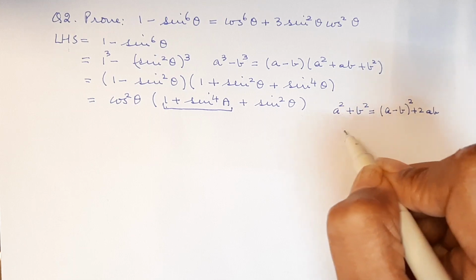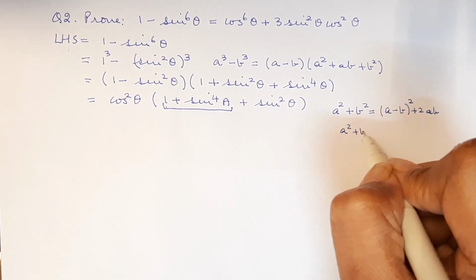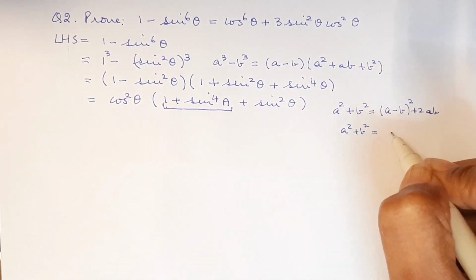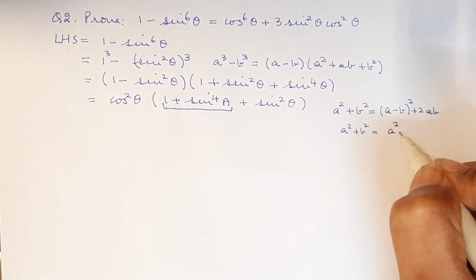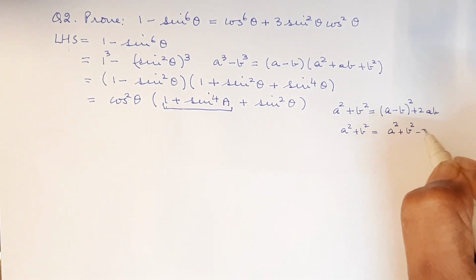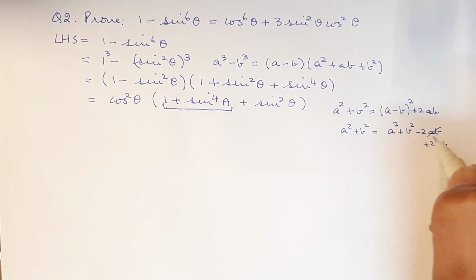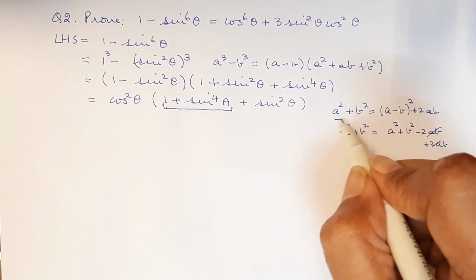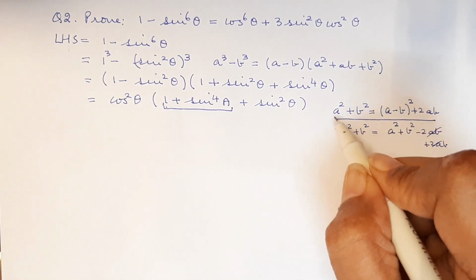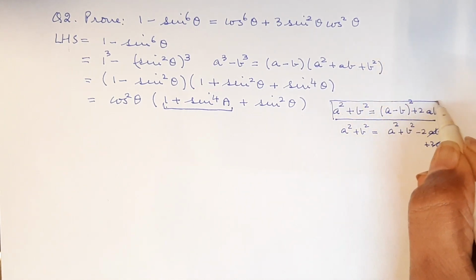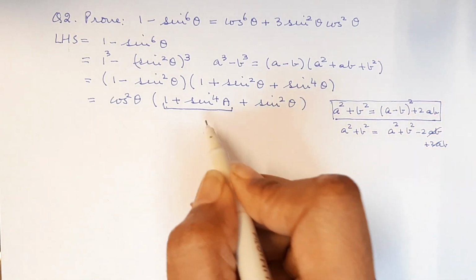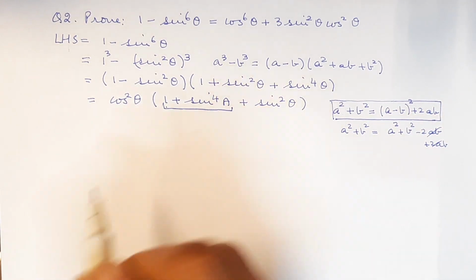Now you want to work it out, just see a squared plus b squared will be equal to a squared plus b squared minus 2ab plus 2ab. Can you see that? So we have to make use of this in order to write the value of this.